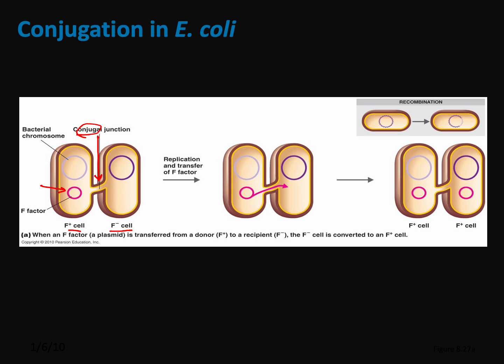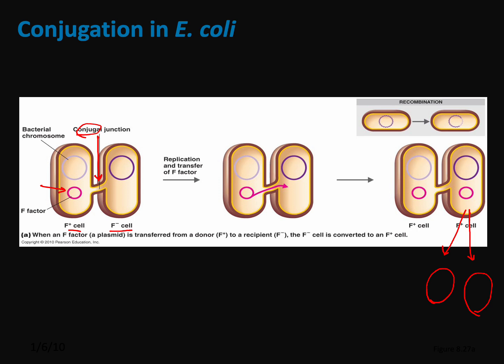And I do want to mention here that once a bacterial cell receives the plasmid, it is then able to transfer that plasmid onto daughter cells as well. So this right here, conjugation, is horizontal gene transfer. But once it has the plasmid, it's able to transfer this genetic material onto its two daughter cells once it replicates, and that would be vertical gene transfer.